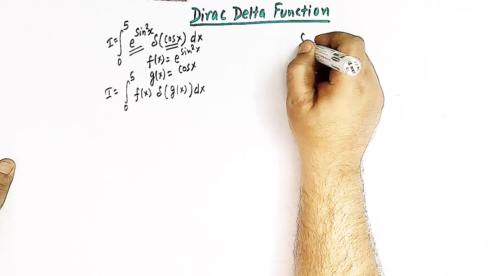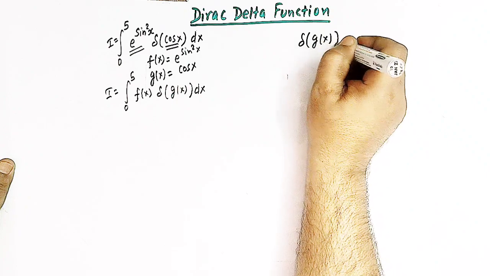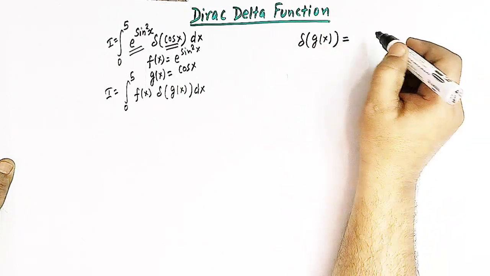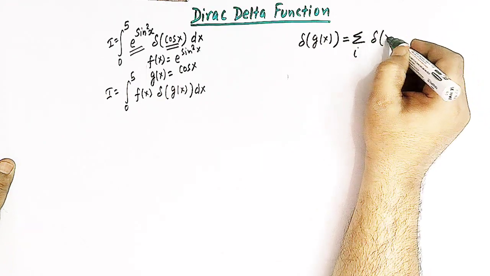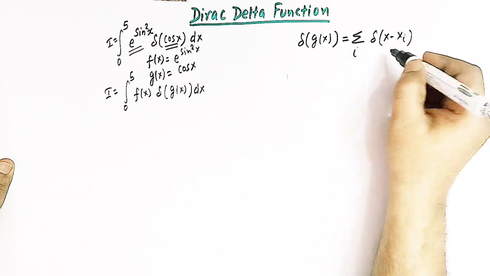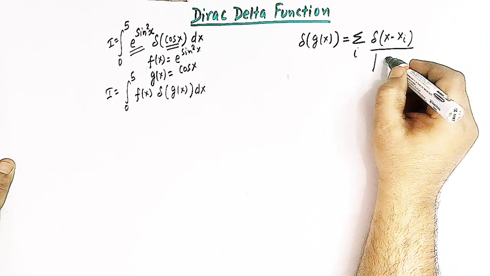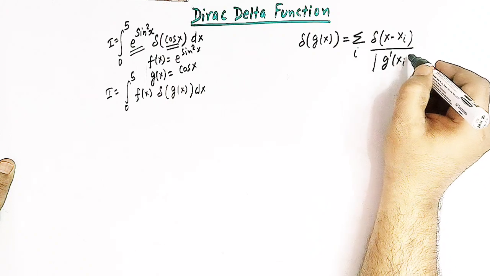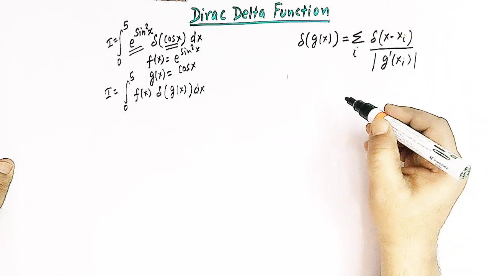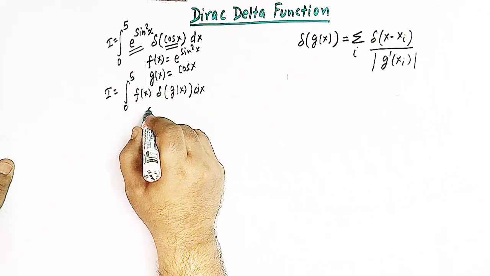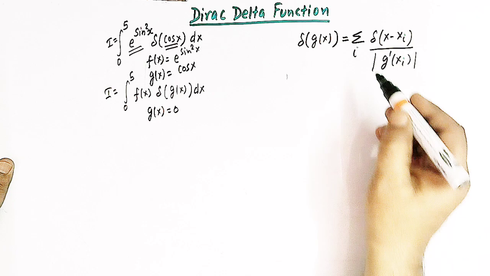When we have a function inside the Dirac delta function, say g of x, then delta of g of x is given by the sum over i of delta of x minus x_i, divided by the absolute value of g prime of x_i. Here i denotes the roots of the equation g of x equals 0.